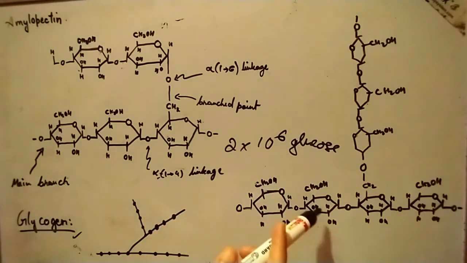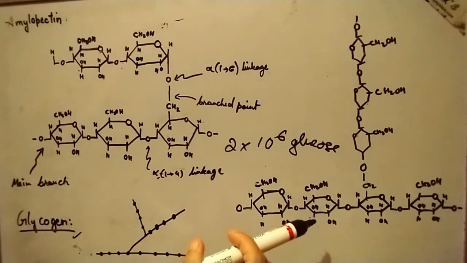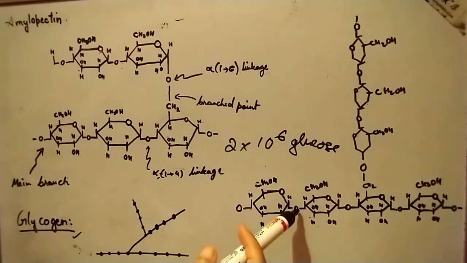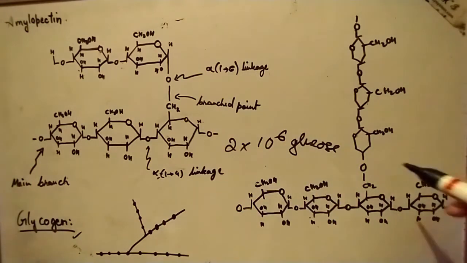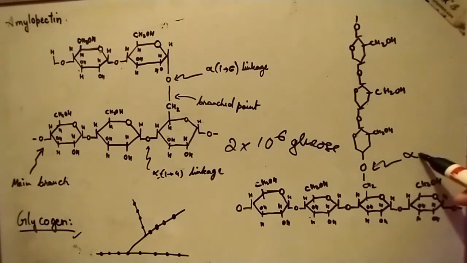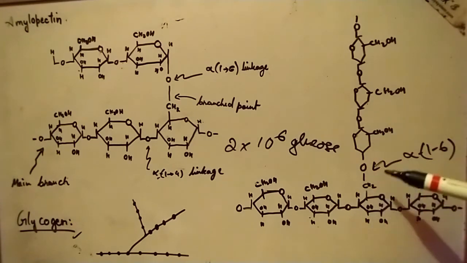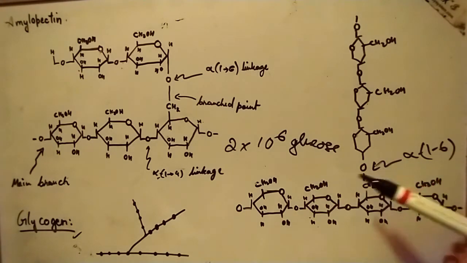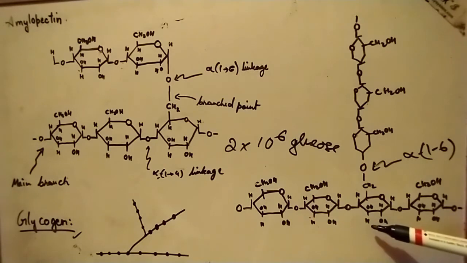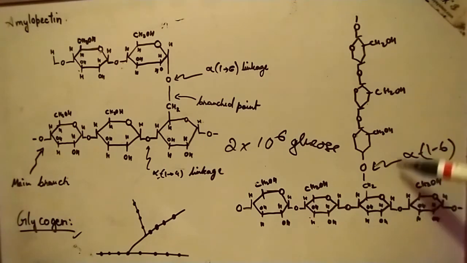You can see it is a polymer of alpha 1,4 linked subunits of glucose, and also with alpha 1,6 linkages, and it forms branches. So glycogen is a polymer of alpha 1,4 linked subunits of glucose with alpha 1,6 linked branches.